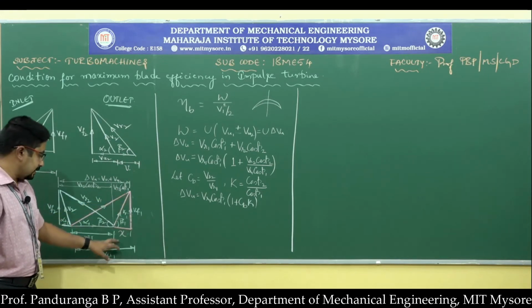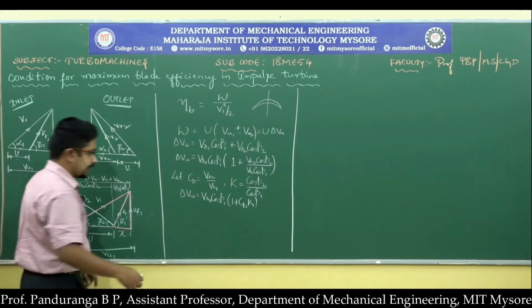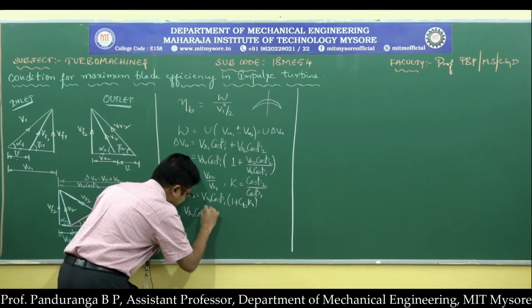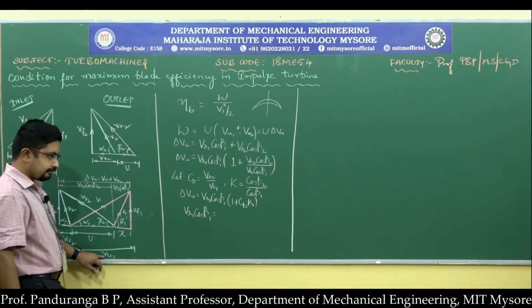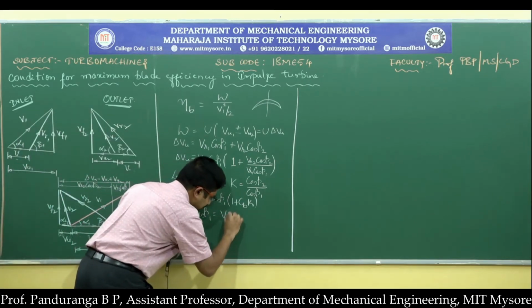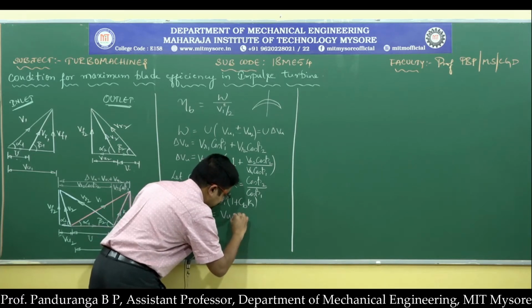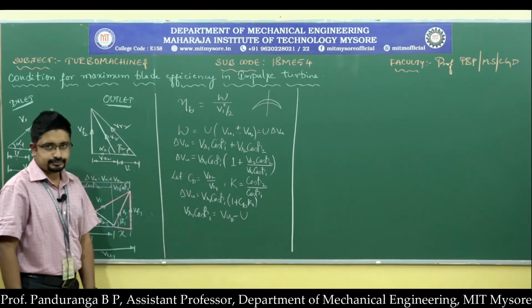So I can write that X will be equal to VU1 minus U. VR1 cos beta 1, which I called X, will be equal to VU1, the tangential component of the absolute velocity V1, minus the tangential speed of the blade U.